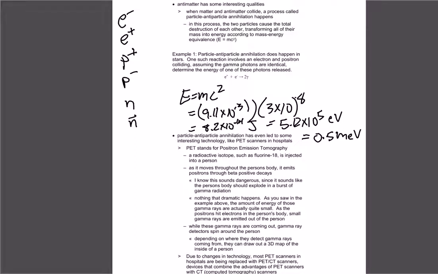But the idea is, as these rays are leaving the body, they have detectors that spin around the person, and they can actually map out a 3D picture of what's going on inside. So something like a knee or whatever, they can get a pretty good diagram. And with modern changes now, some hospitals are replacing PET scanners with a CT scanner, which is basically a computer-generated type scanner too.